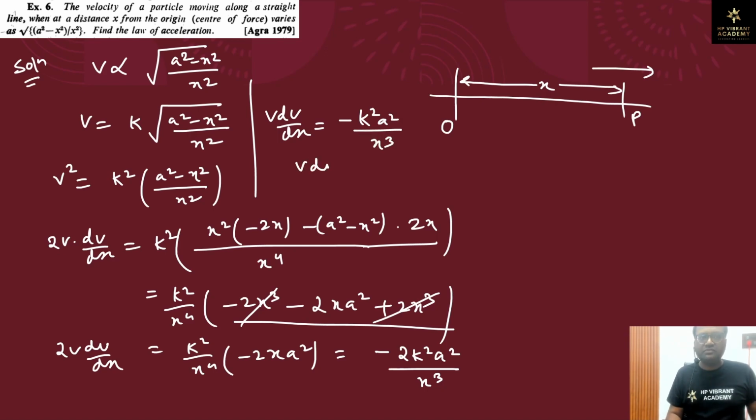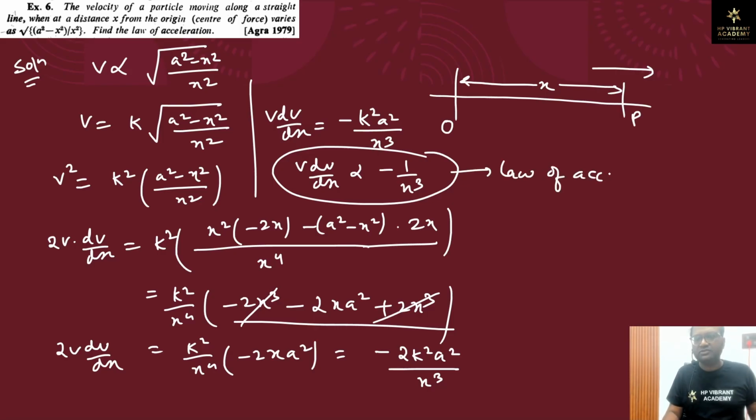So we have v dv upon dx is proportional to minus of 1 upon x cube. Okay, so this is the law of acceleration.